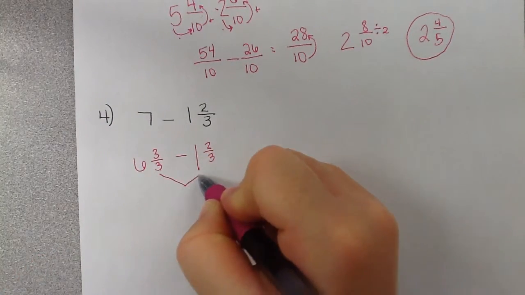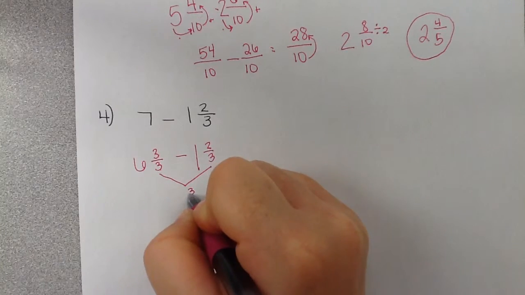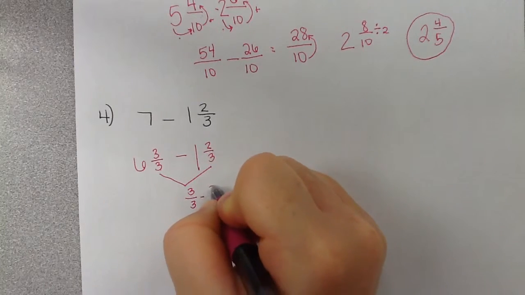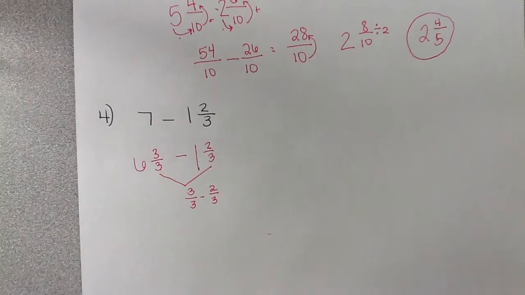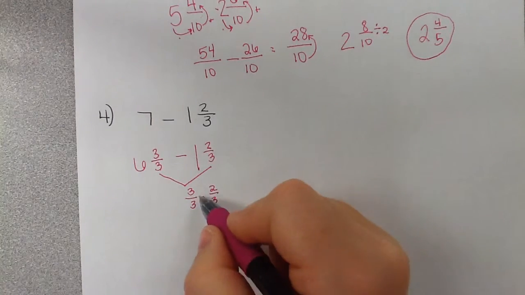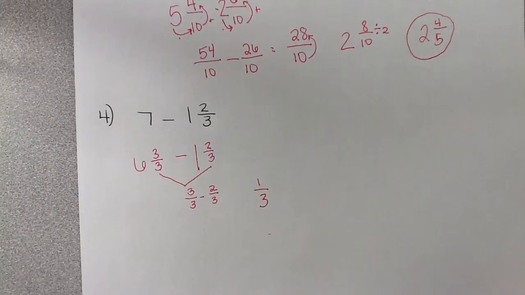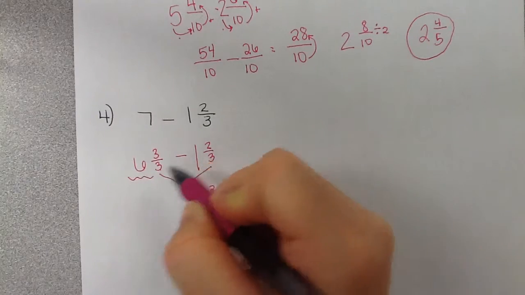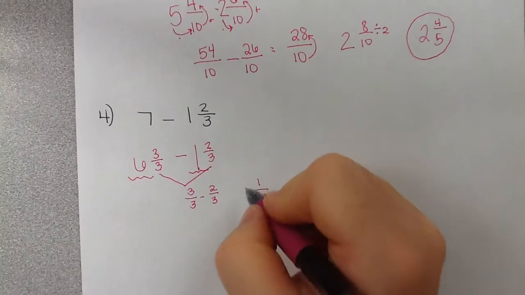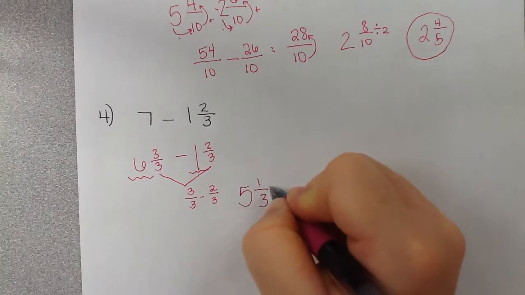Now when I subtract my fraction pieces, 3/3 minus 2/3, I can subtract these just fine. 3 minus 2, 1/3. And now if I subtract the whole pieces, 6 minus 1 is 5.